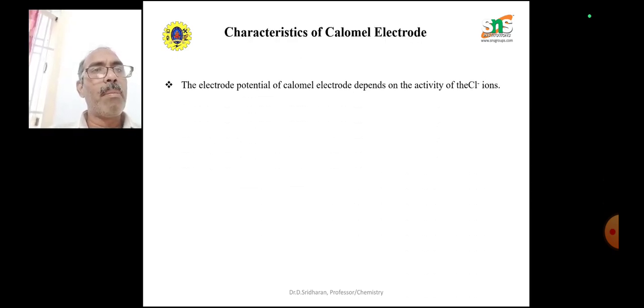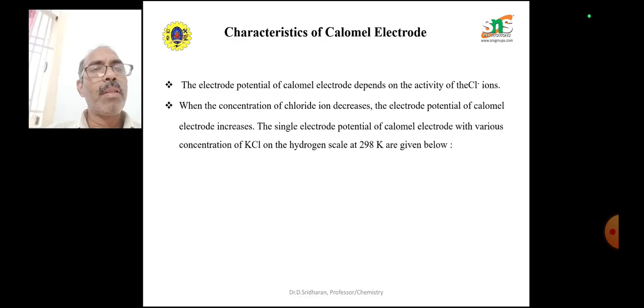Characteristics of the calomel electrode: what are the advantages compared with the SHE? The electrode potential of the calomel electrode depends on the activity of the Cl- ions. When the concentration of chloride ion decreases, the electrode potential of the calomel electrode increases. So usually we use the saturated calomel electrode, with the tube filled with saturated potassium chloride solution.